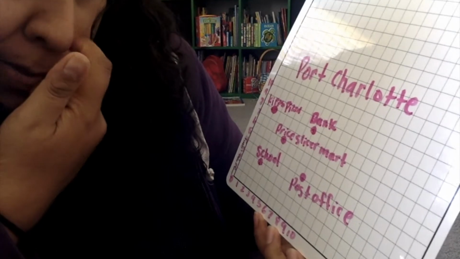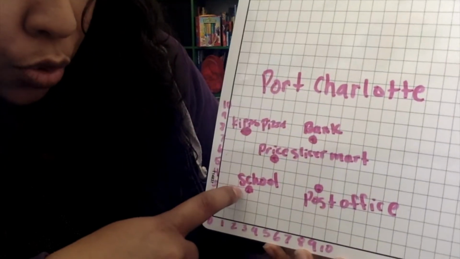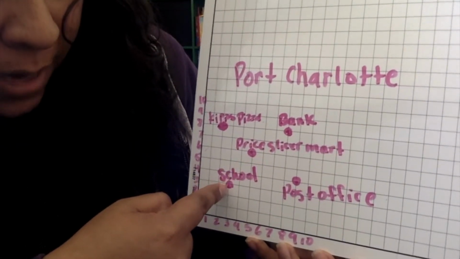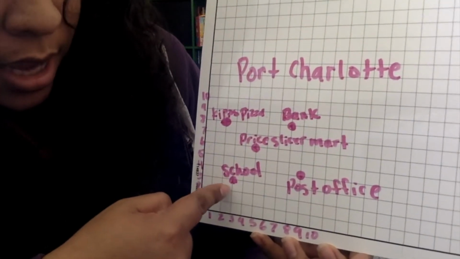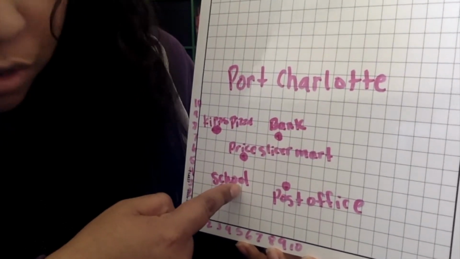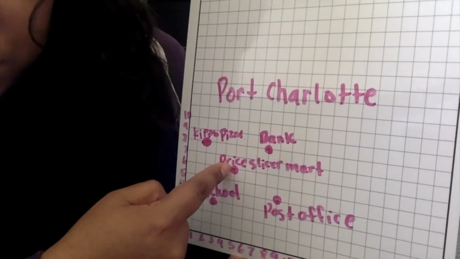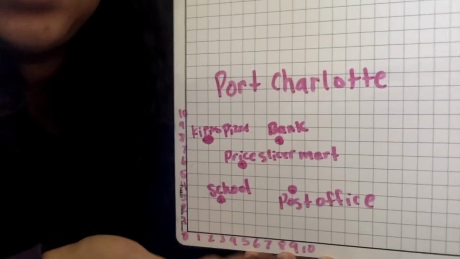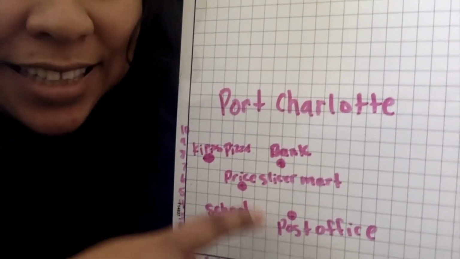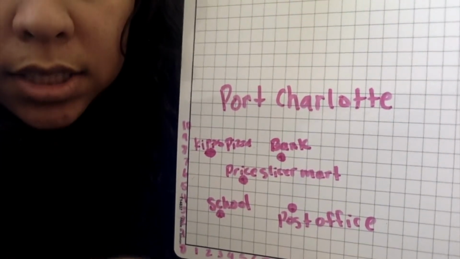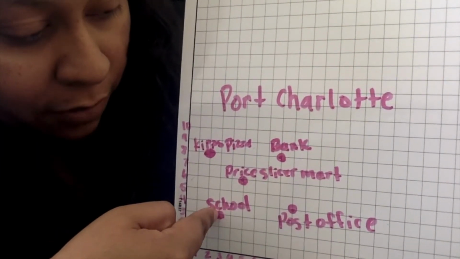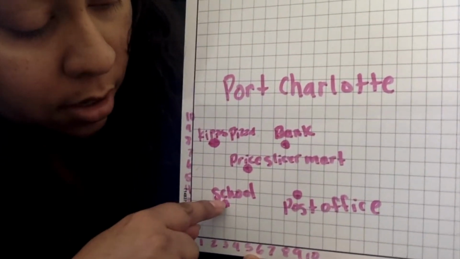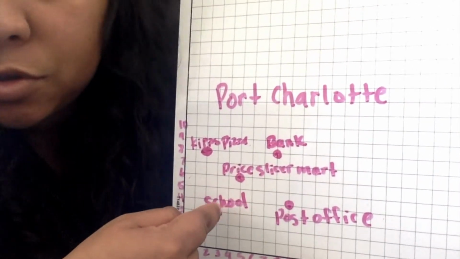Or if we're thinking about the school and the Price Slicer, if I'm at the school and I want to get to the Price Slicer, I want to go over 2 streets and then up 1, 2, 3 streets to get from the school to the Price Slicer, okay? So you're staying on that line as if they were streets or sidewalks, okay? You can't just go from school to the bank straight across. No, we have to stay on the lines because those are the streets.